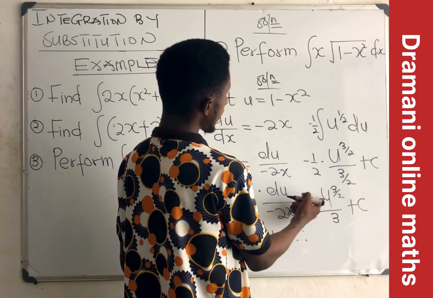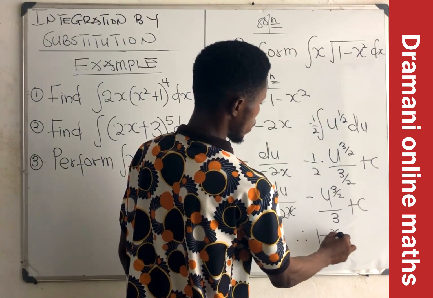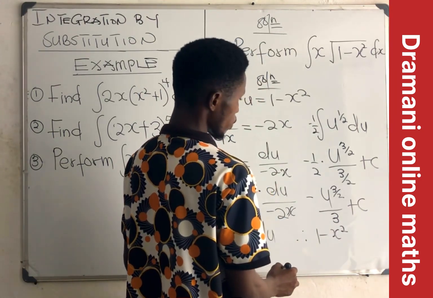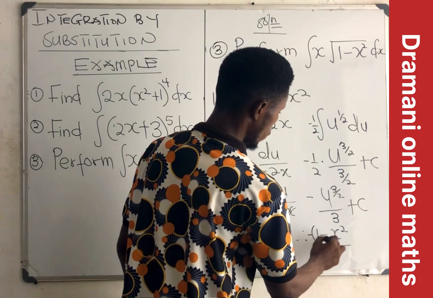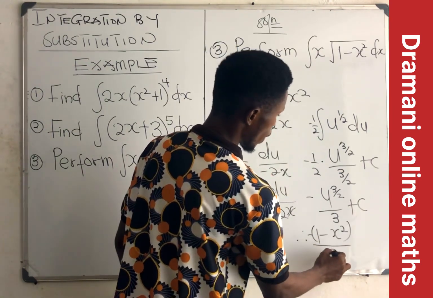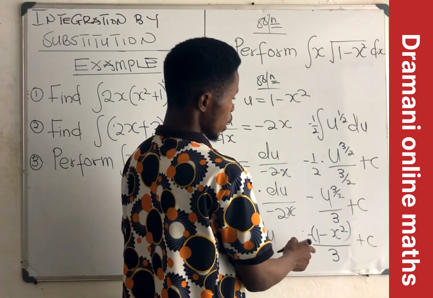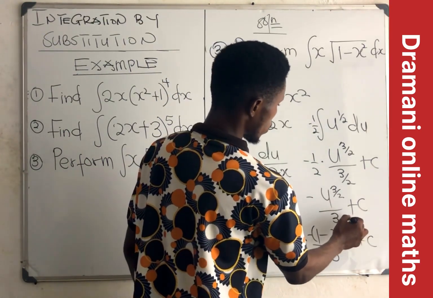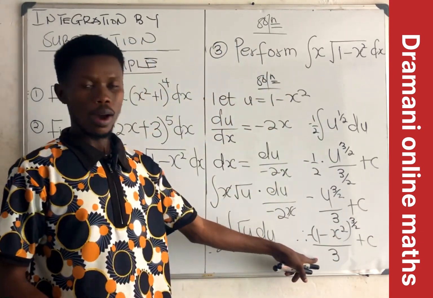Therefore, our u here is 1 minus x squared. So we have negative (1 minus x squared) to the power 3 over 2, all divided by 3, plus c. So the power is 3 over 2, and this becomes our final answer.